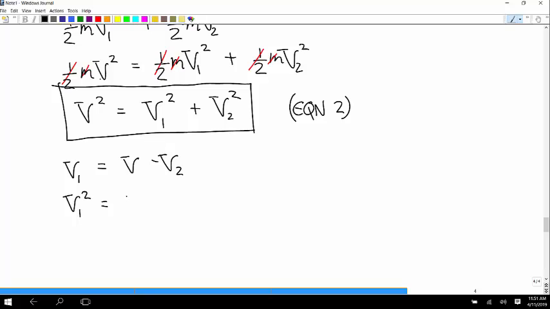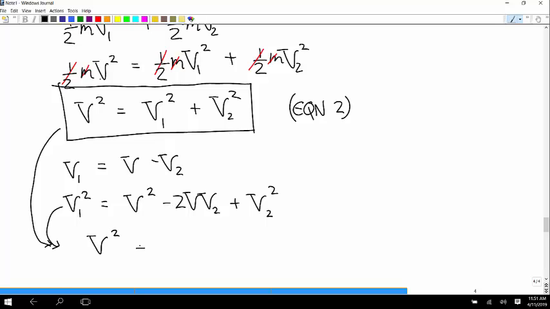So v1 squared is equal to v squared minus 2v v2 plus v2 squared. And then I'm going to substitute it into this equation 2. And I get v squared is equal to v squared minus 2v v2 plus v2 squared plus another v2 squared.